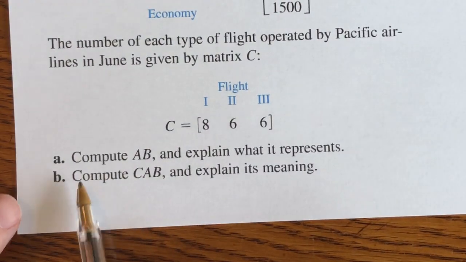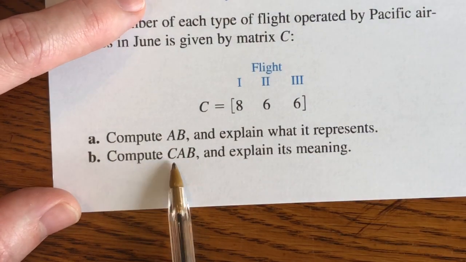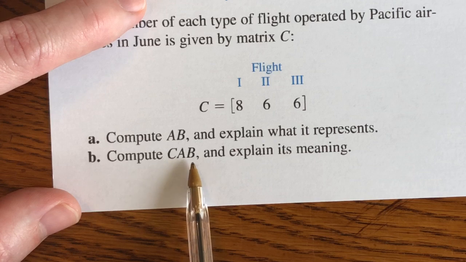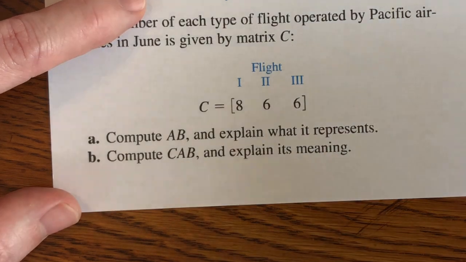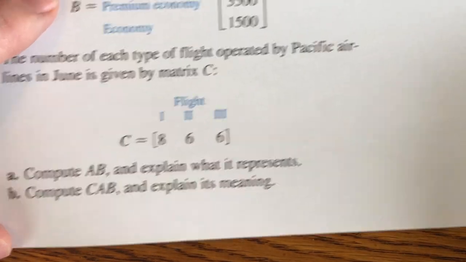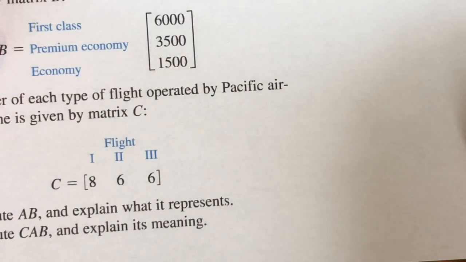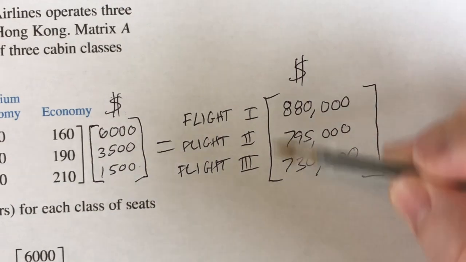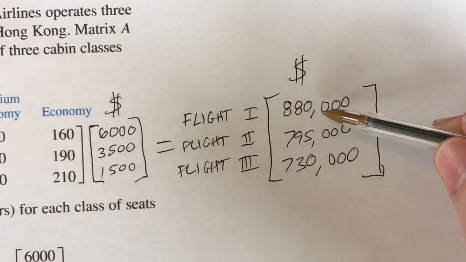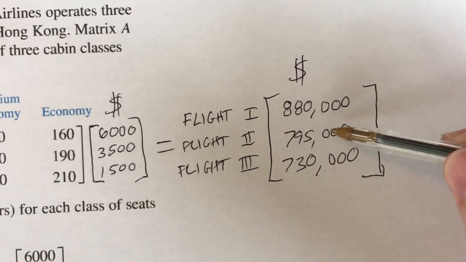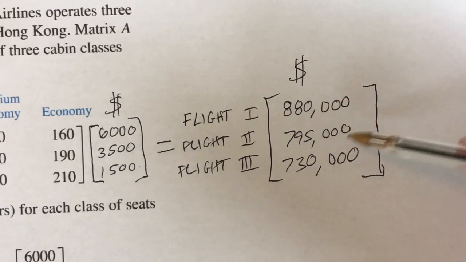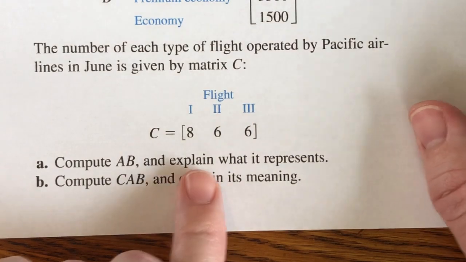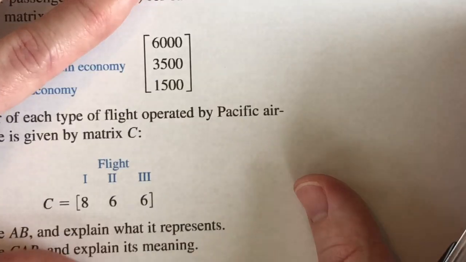All right, letter B. We want to compute CAB, matrix C times matrix A times matrix B, and then again explain its meaning. All right, so what we have to do is this. We already know from the previous part A that this represents AB. This is really representative of matrix A times B. So all we have to do now to figure out CAB is this.